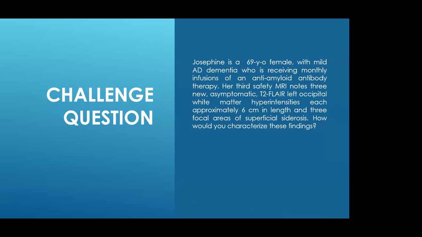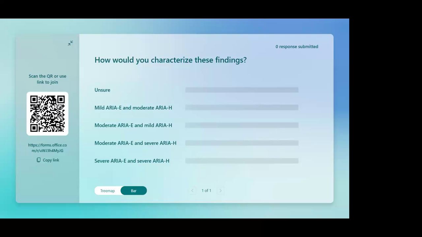How would you characterize these findings? This goes back to the classification: mild, moderate, or severe. We're going to fit 3 six-centimeter lesions in one occipital lobe.